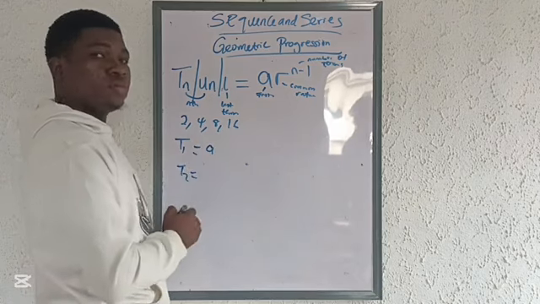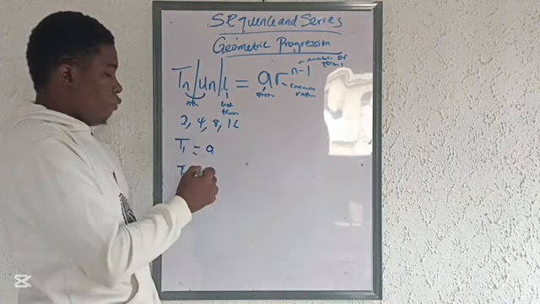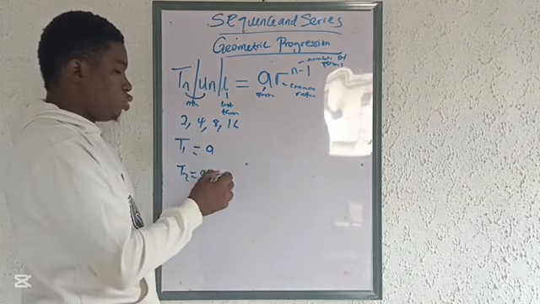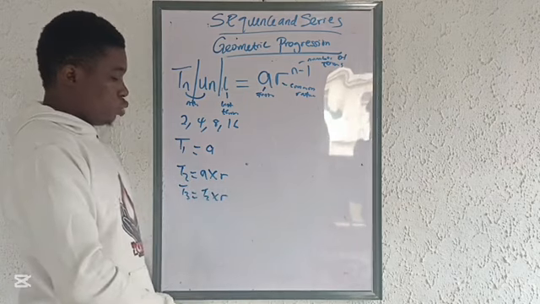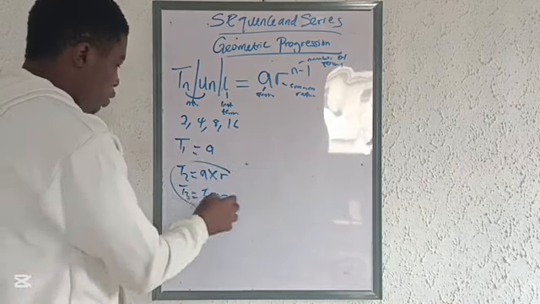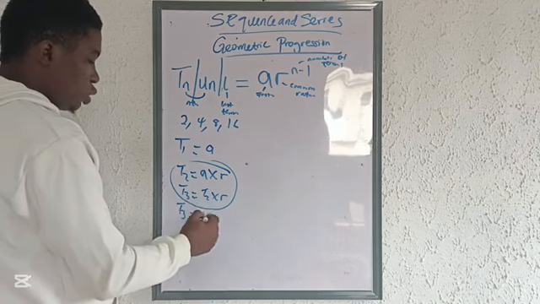T1 is the first term, right? T2 will be the first term times what? The common ratio. T3 will be the second term times what? The common ratio.